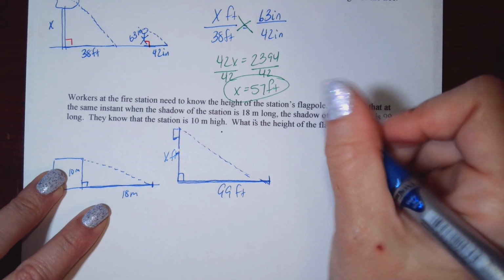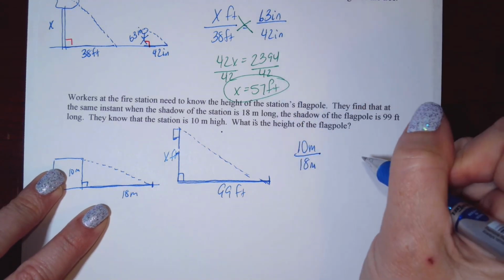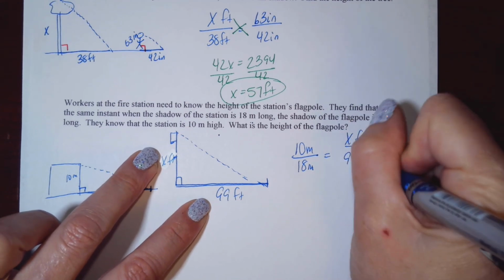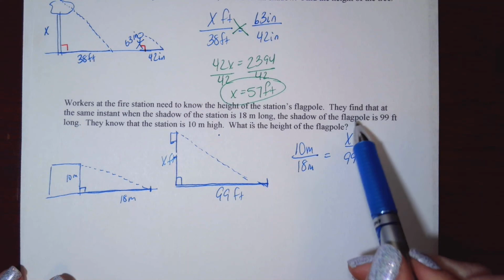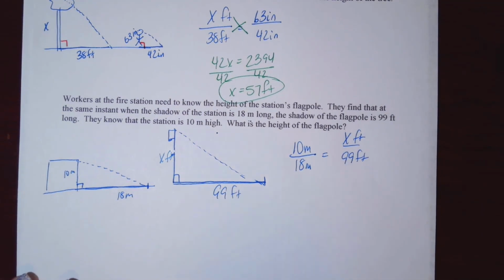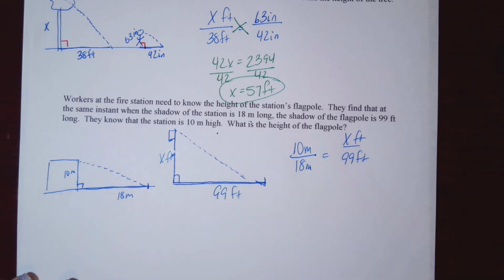Since I can set up my proportion with the same units on one ratio and the same units on the other ratio, those units would cancel out, and I don't need to worry about my units not matching from one ratio to the other ratio in my proportion.